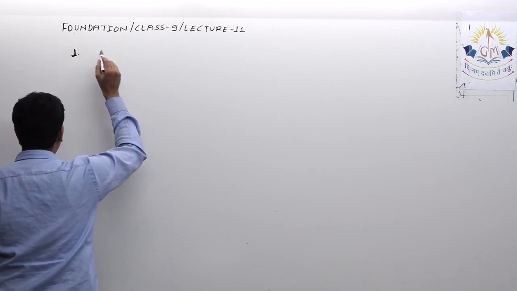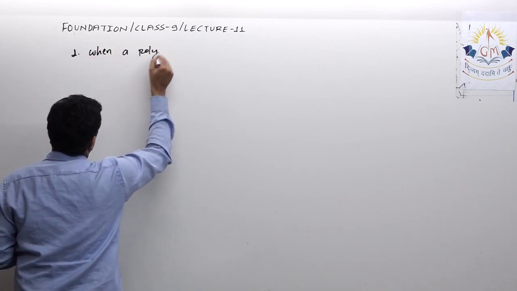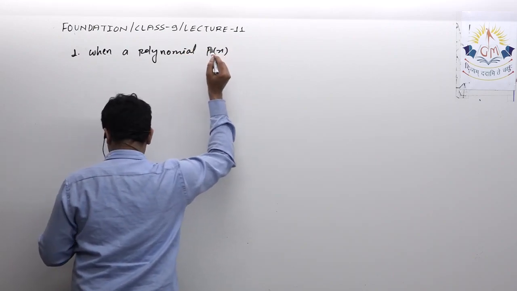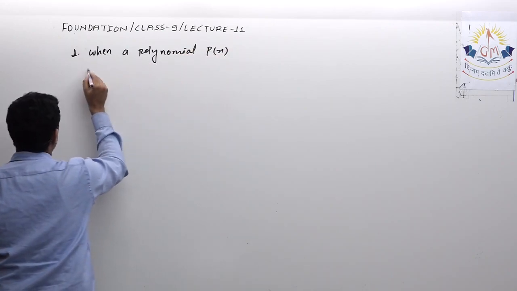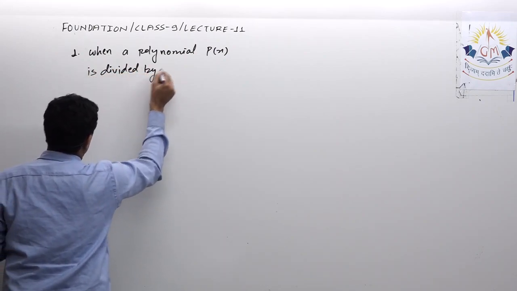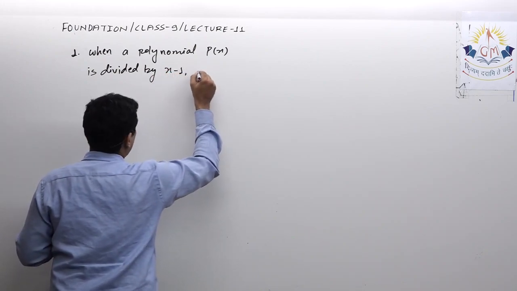When a polynomial p(x) is divided by x minus 1, the remainder is 3.